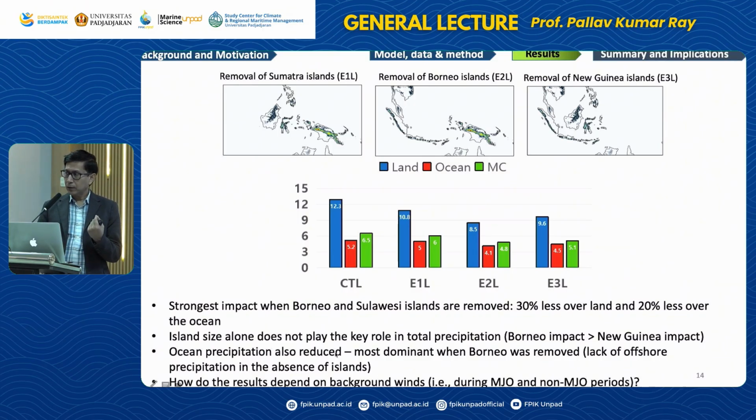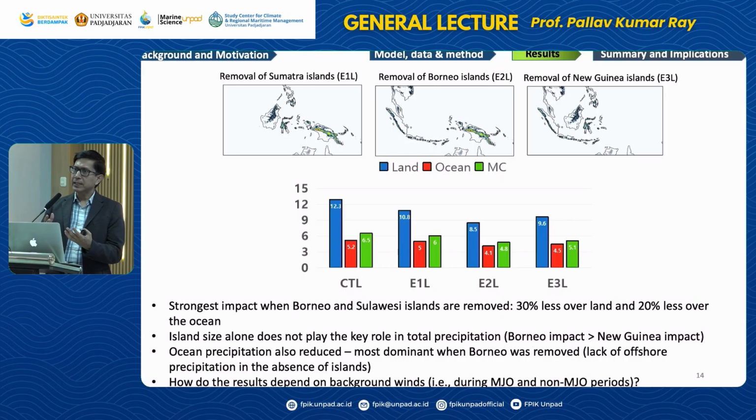Ocean precipitation was also reduced in all these experiments, and it is most dominant when Borneo was removed. For example, if you look at those red lines, this line is the smallest one, meaning that ocean precipitation was reduced most when Borneo was removed. The reason is that Borneo is one of the islands where there is a lot of offshore precipitation, meaning that clouds move from Kalimantan to the ocean and then it rains.